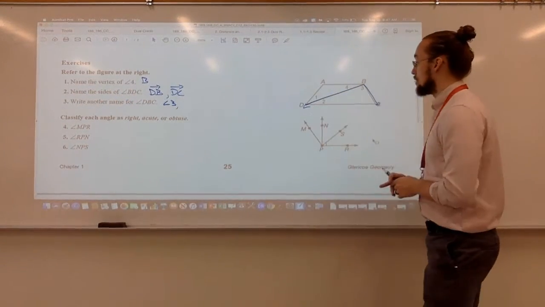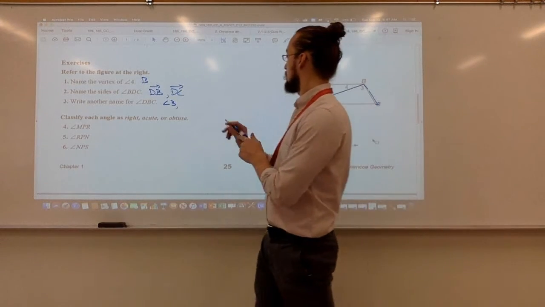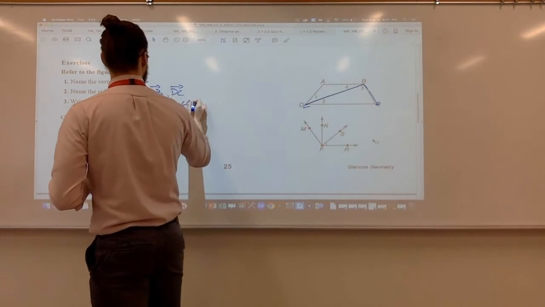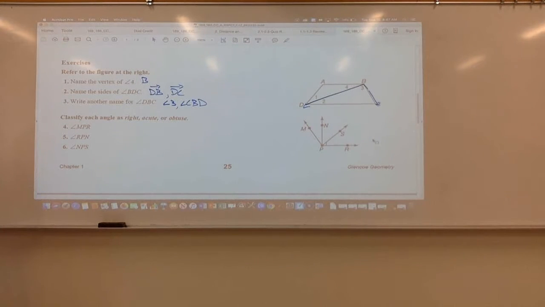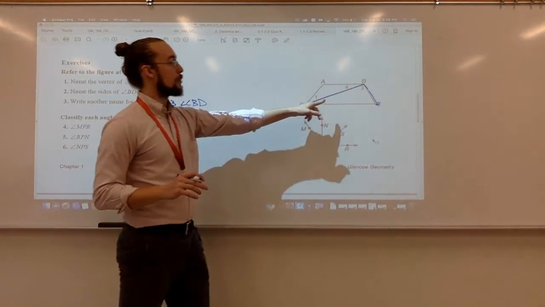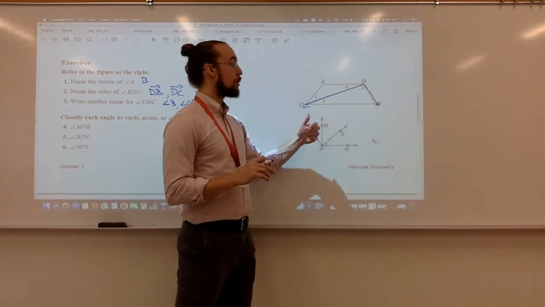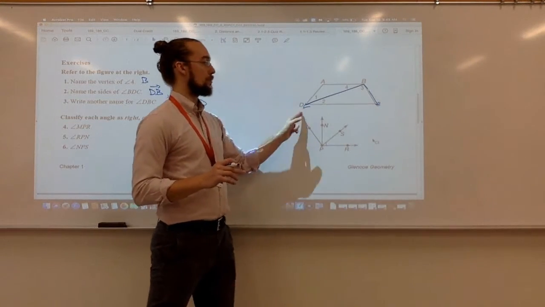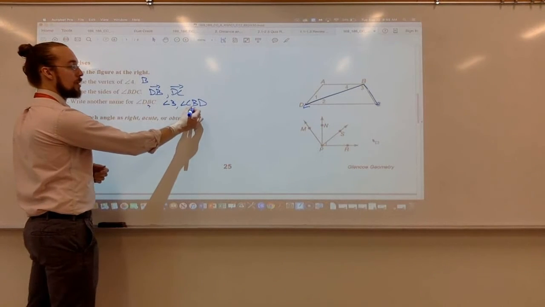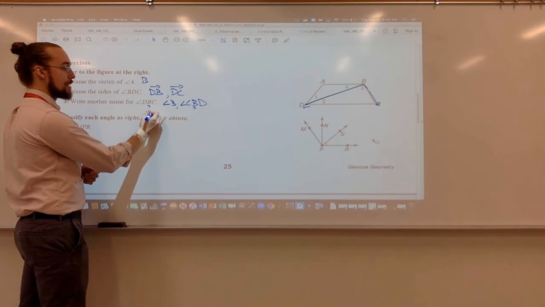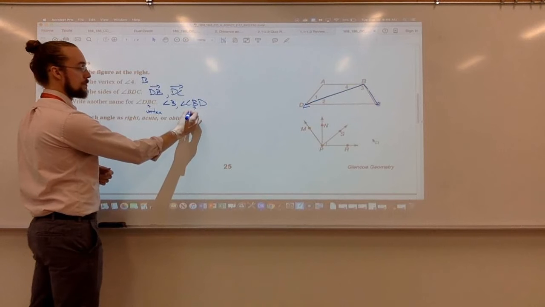Angle CBD would work. So I could have said angle 3 to name this angle, or I could have reversed the order of the letters. But what matters is that B is still in the middle. The vertex always has to stay in the middle.